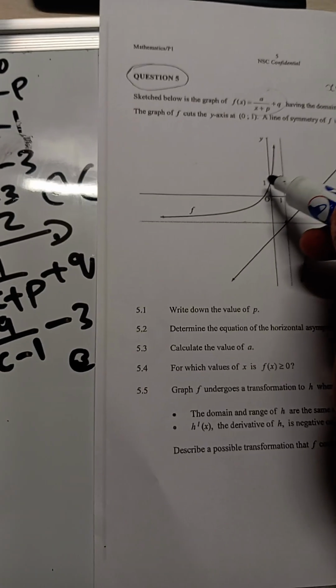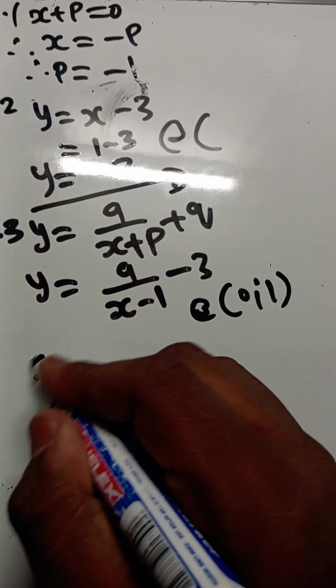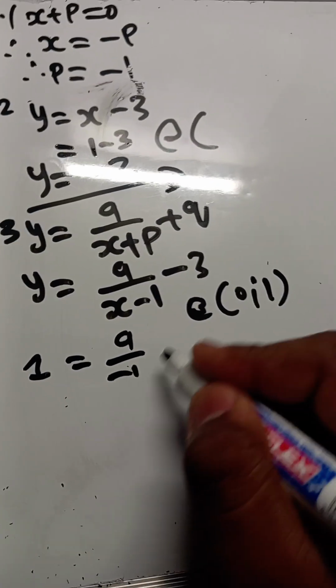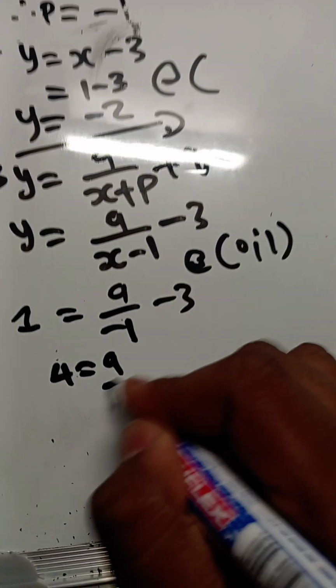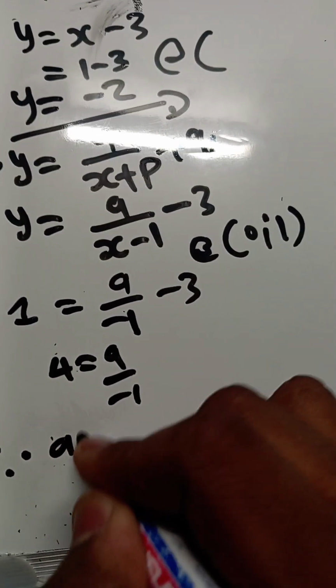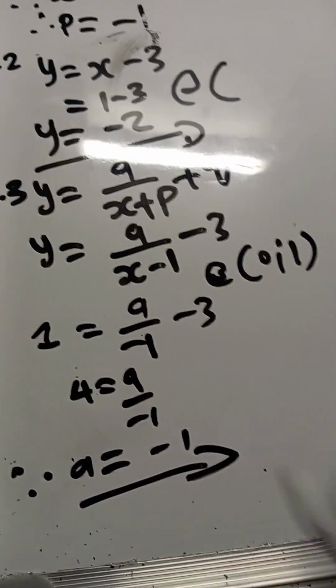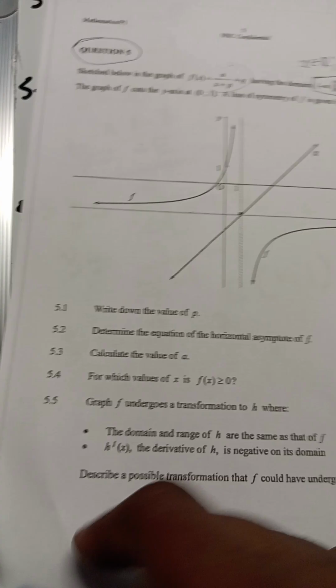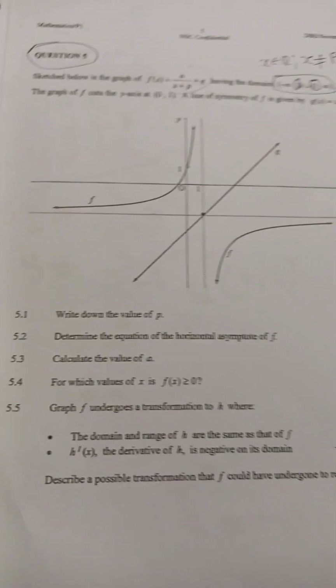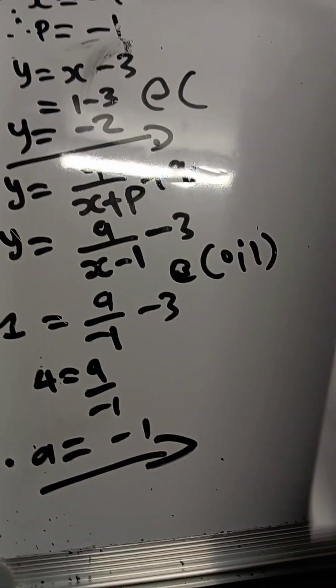I'm checking this point here because at that point x is 0. So 1 equals a over negative 1, minus 3. Negative 3 plus 1 is 4. Therefore, a equals negative 1. Since a is negative 1, it also confirms that the graph is lying in the second and fourth quadrant because of the shape. You know the shapes, right? Because a is negative there.